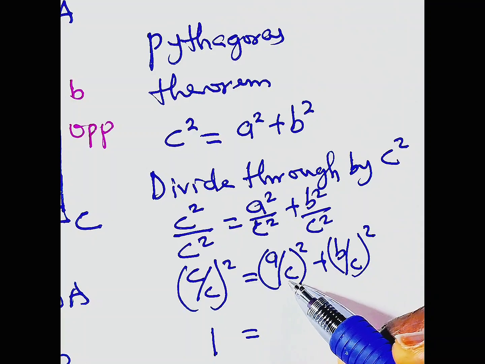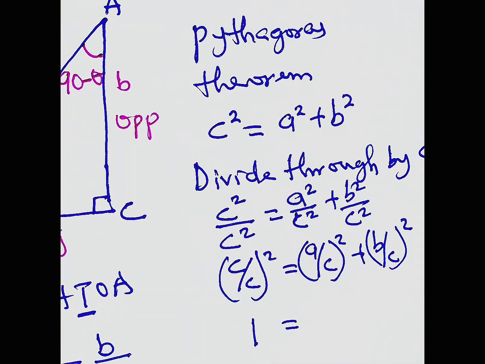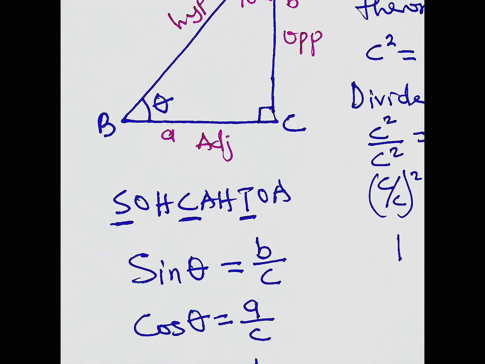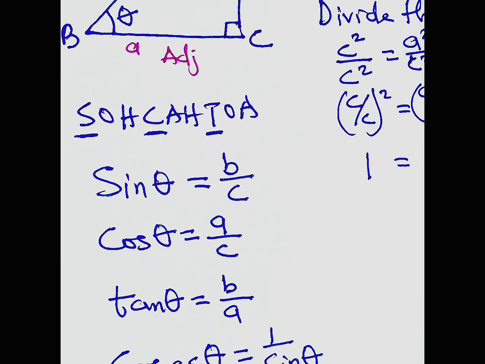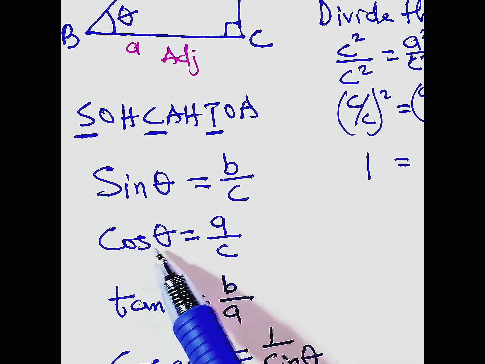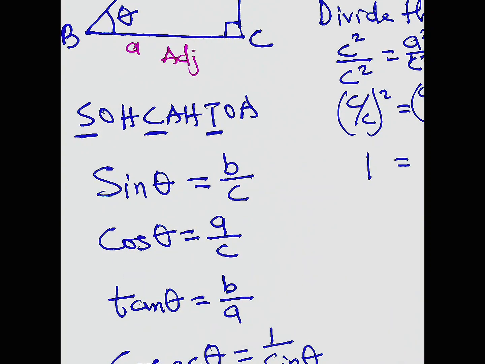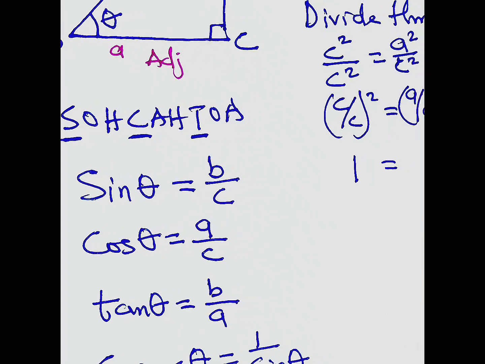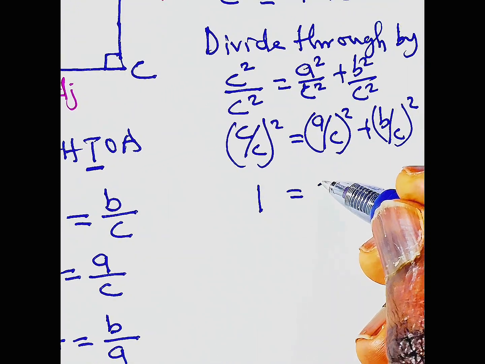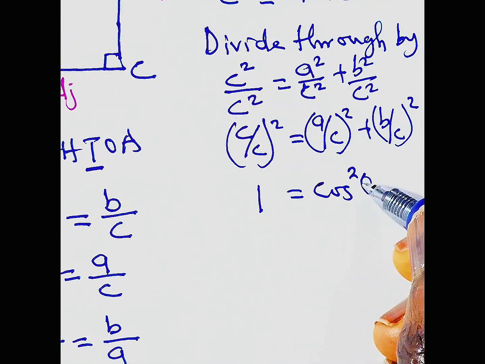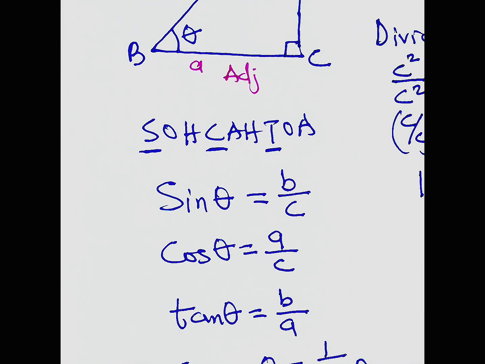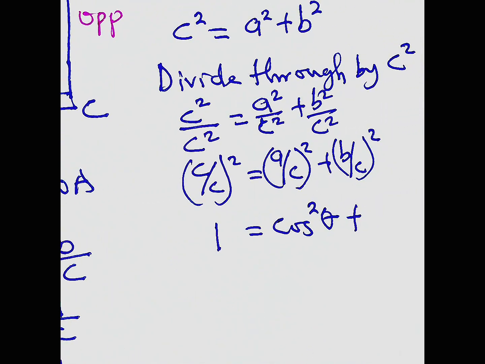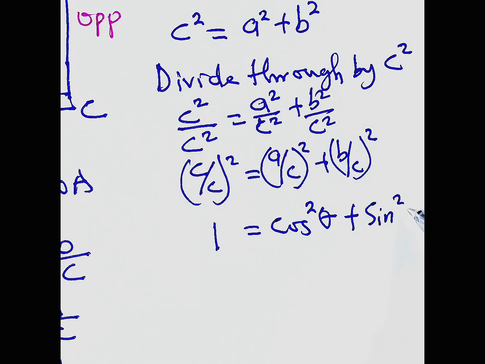And a divided by c, we are now allowed to go into this SOHCAHTOA and see which one fits. A over c is from the cos theta, so we can now have that as cos squared theta, plus b over c is the one that goes with the sine theta, so we have that plus sine squared theta.